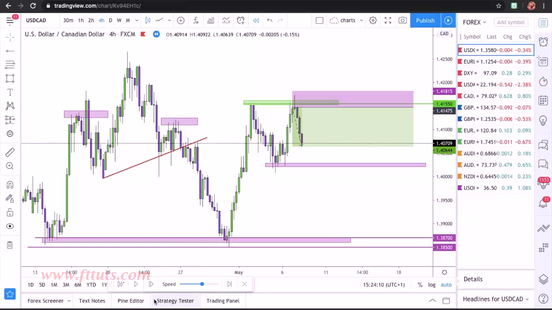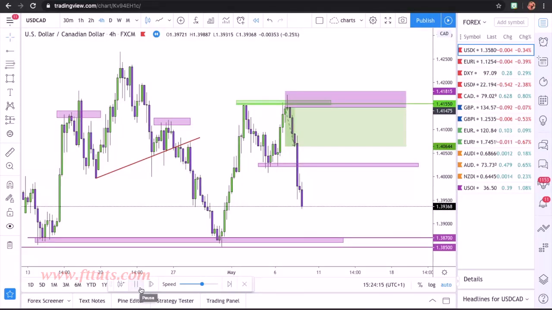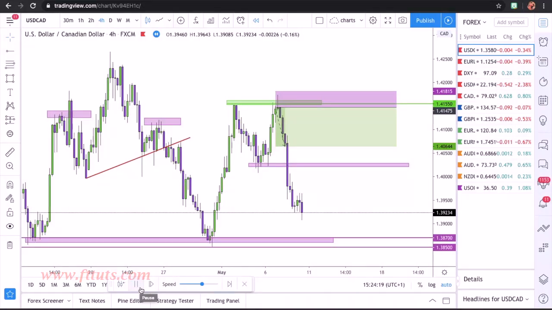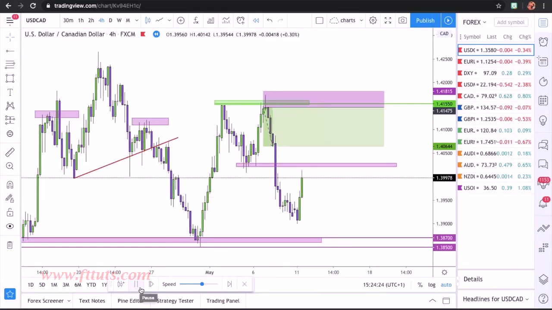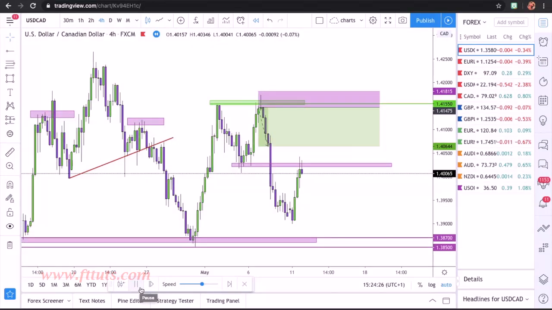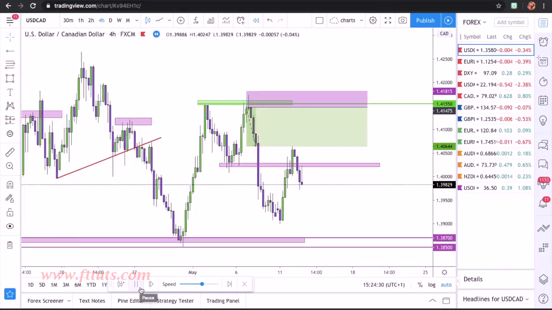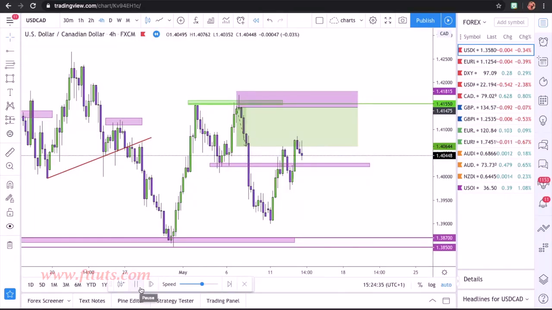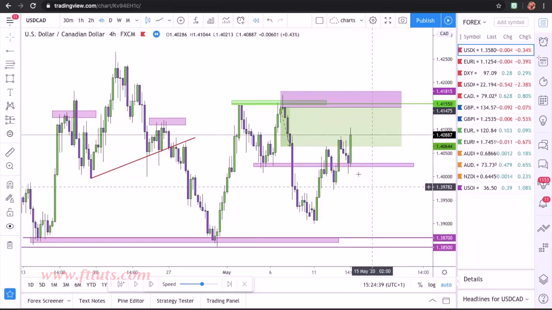So let's see. Right. So now you can see that we created this M pattern, right?